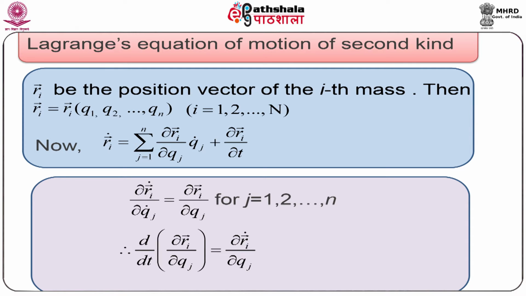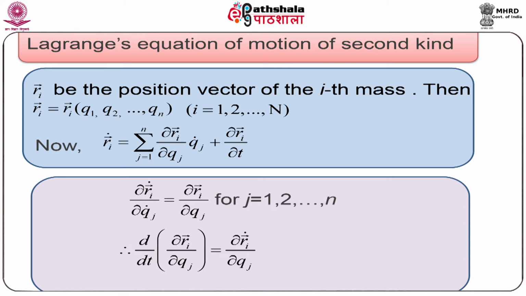Since Ri vector is a function of generalized coordinate qj, at first we differentiate Ri vector with respect to qj partially, then differentiate qj with respect to time t. Ri vector dot is d/dt of Ri vector, which is the ordinary derivative of Ri vector. Del/del t of Ri vector is the partial derivative of Ri vector.